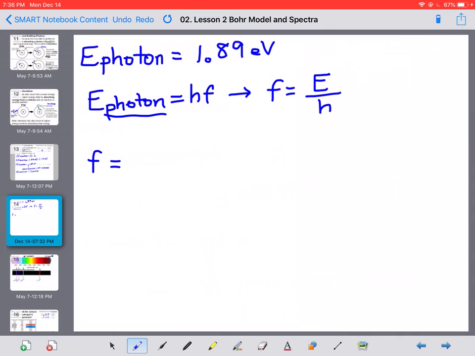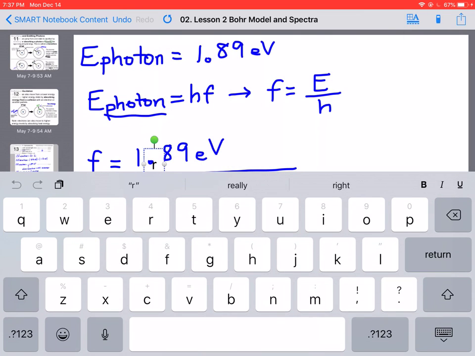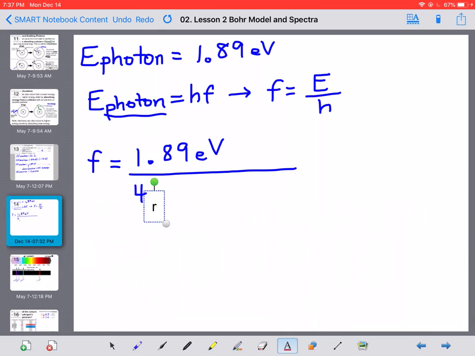So frequency is the photon energy, which is 1.89, divided by Planck's constant. Now remember, there's two different versions of Planck's constant. We're going to use the one that has electron volts in it. So we're going to use 4.14 times 10 to the negative 15 electron volt seconds.